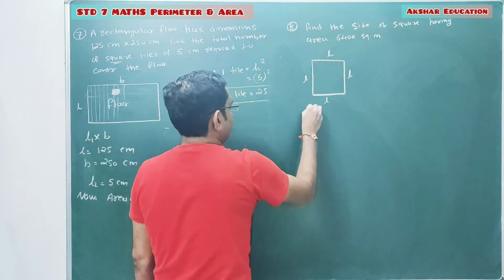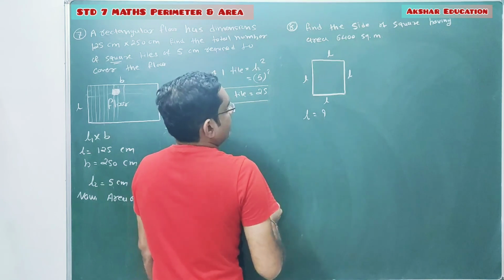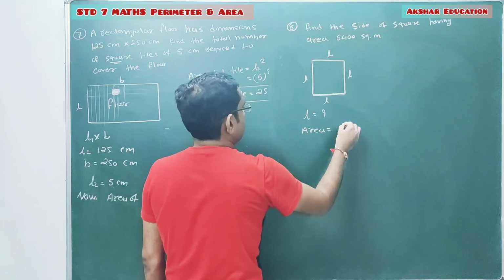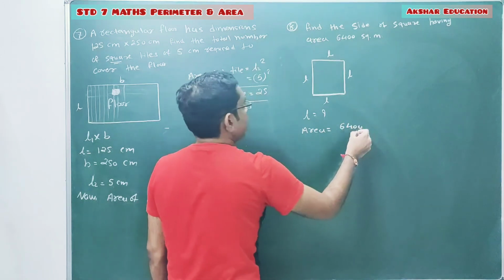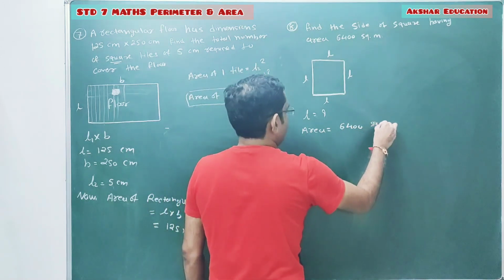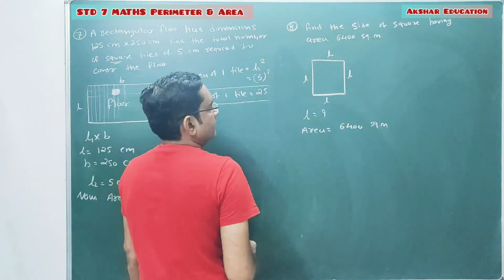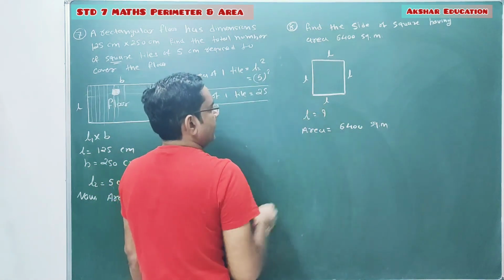So you have to find the L. The area of the square is given, which is 6400 square meter. So the area is given, you have to find the length of each side of the square.